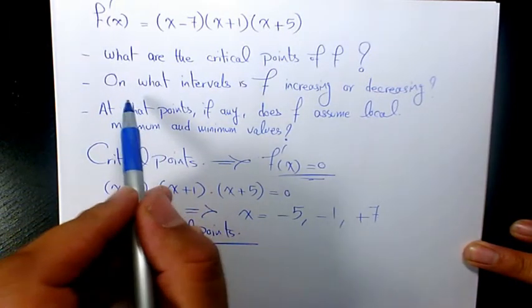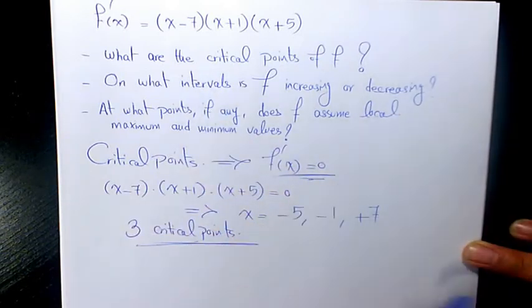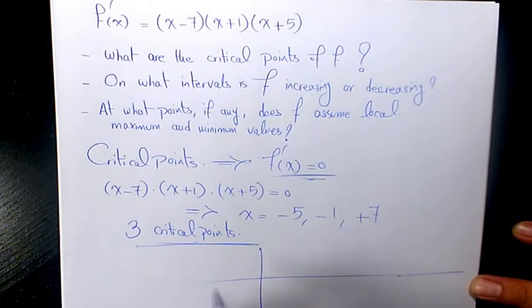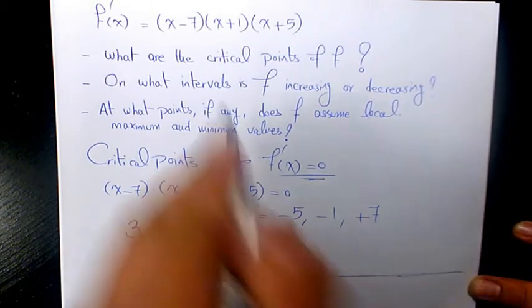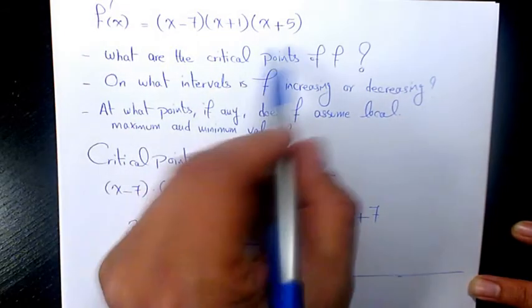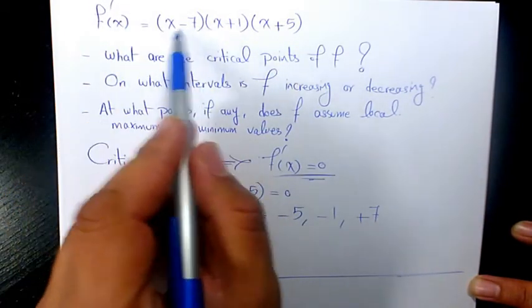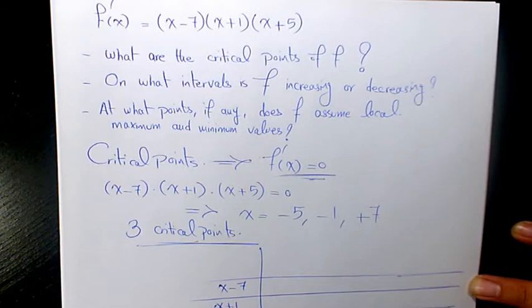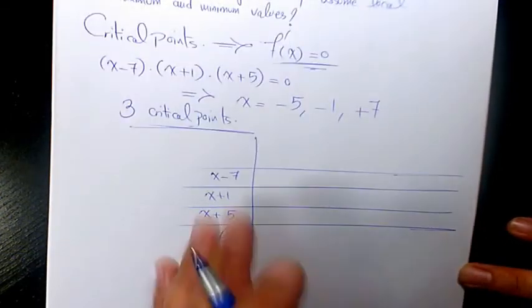Now it says on what interval is f increasing or decreasing. In order to find out the interval of increase and interval of decrease, the best way is to have a table of values. Since we have this function f prime in factored form, I'm going to write it as x minus 7, x plus 1, x plus 5, and here on the last one we have the multiplication of all these 3 terms.